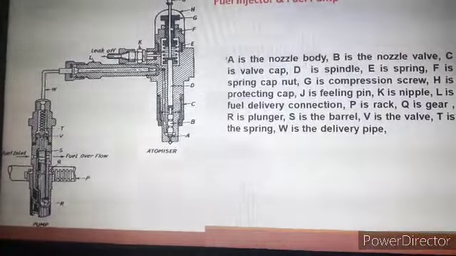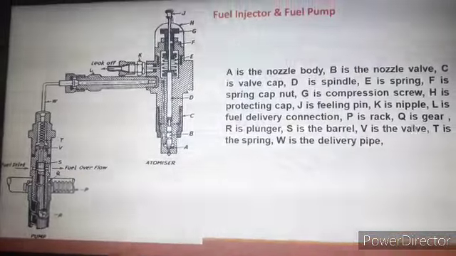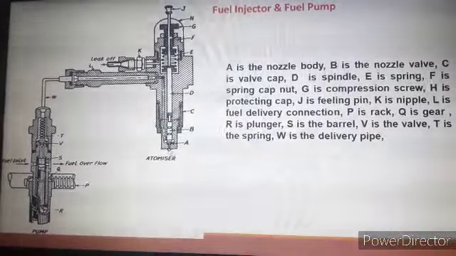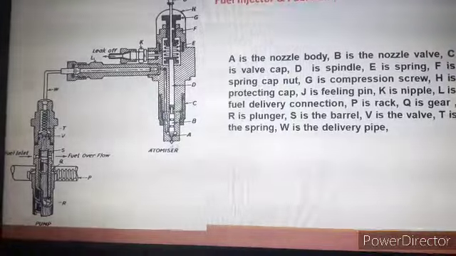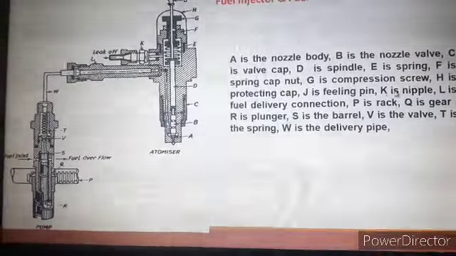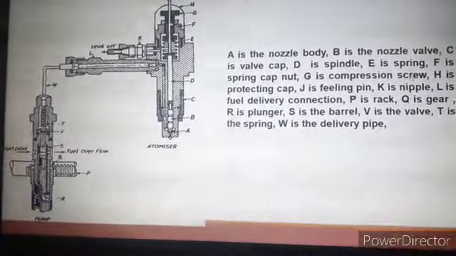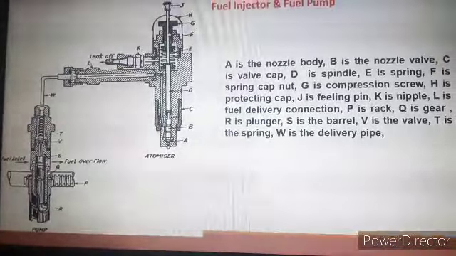J is the filling pin, which operates as per the requirement of the fuel that is sent to the engine cylinder. K is the nipple, and L is the fuel delivery connection.